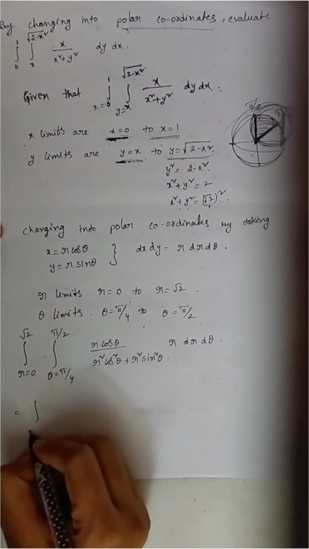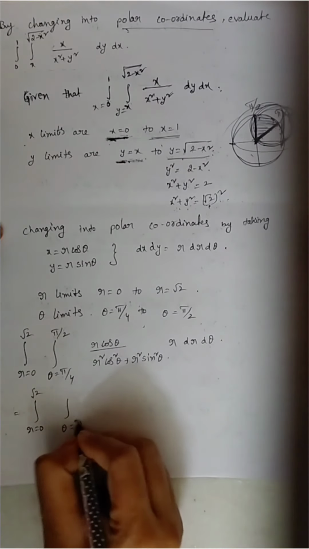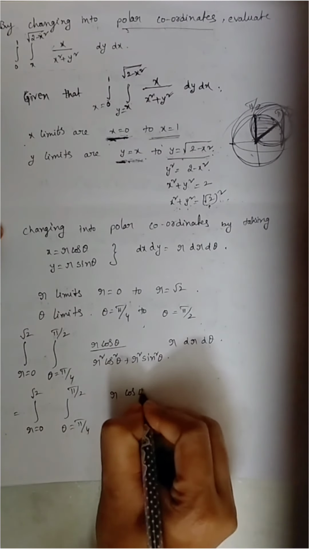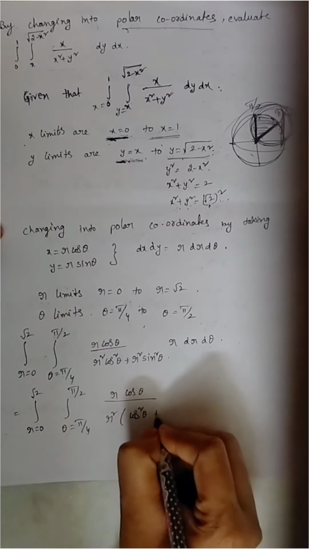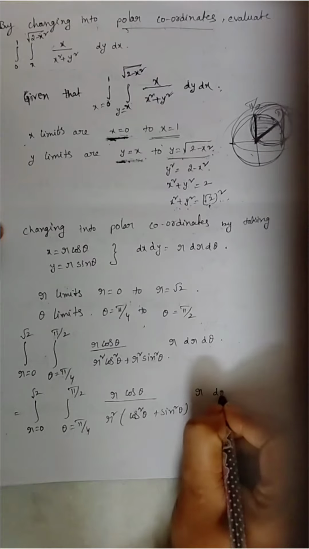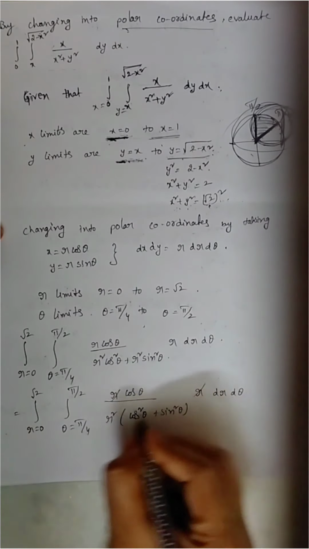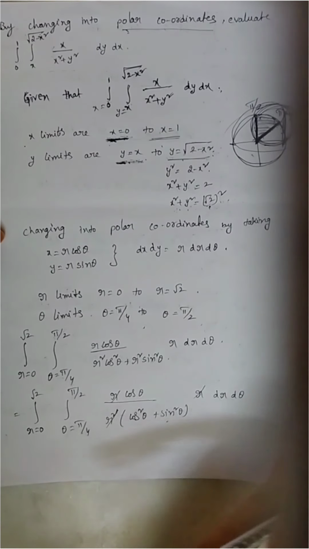So this equals integral r equals 0 to root 2, integral theta equals pi by 4 to pi by 2, r cos theta by, take r square common, cos square theta plus sin square theta, into r dr d theta. R into r square gets cancelled, cos square theta plus sin square theta equals 1.